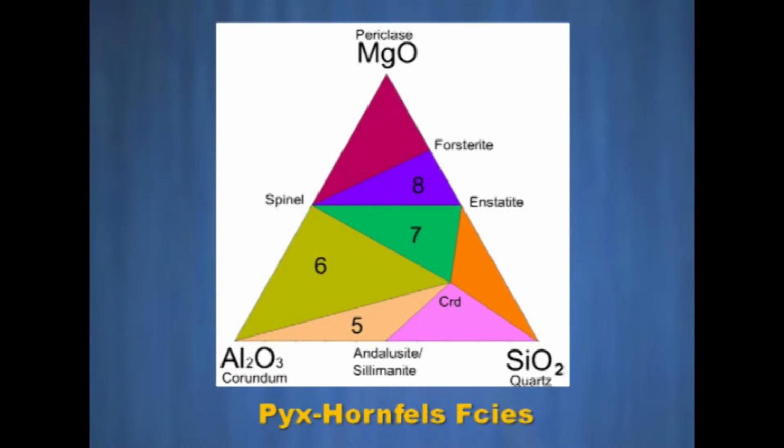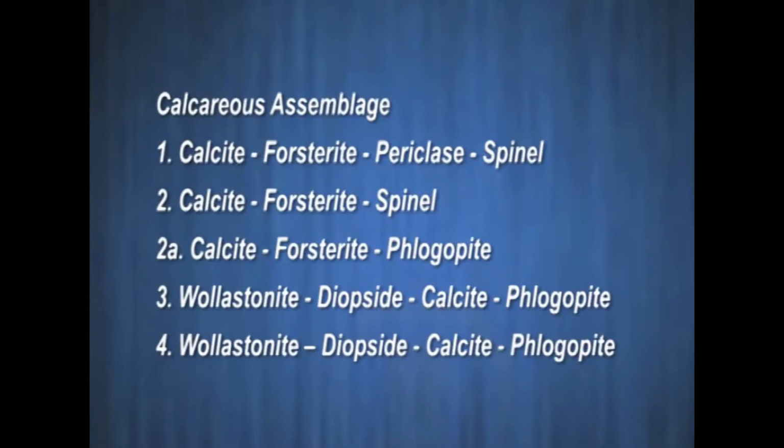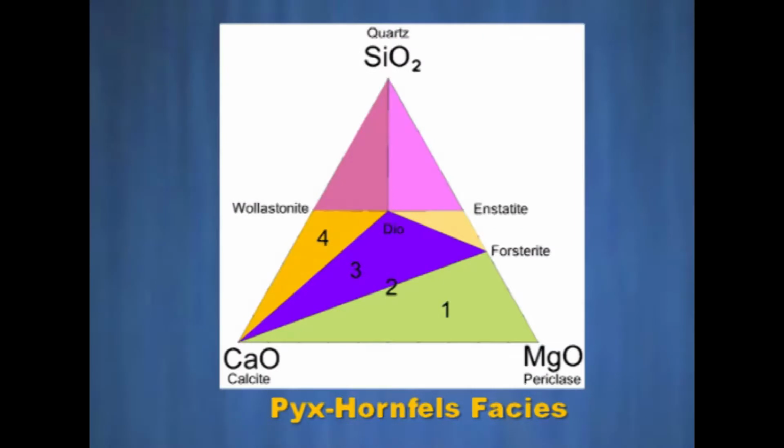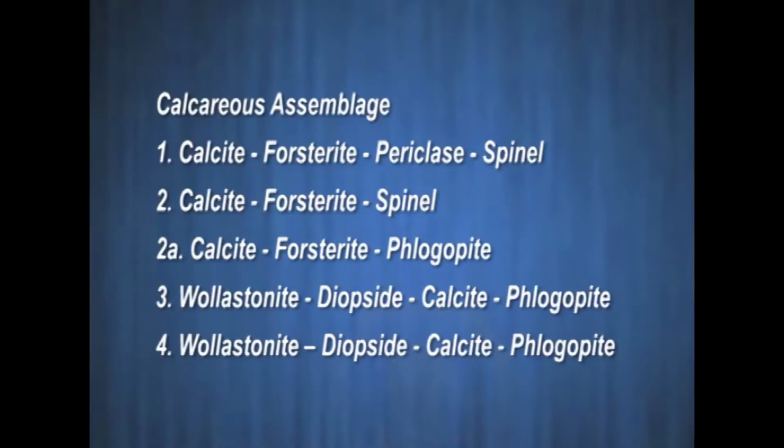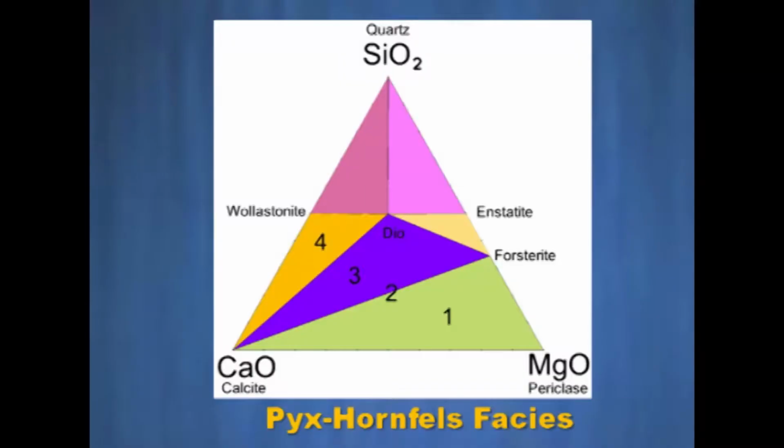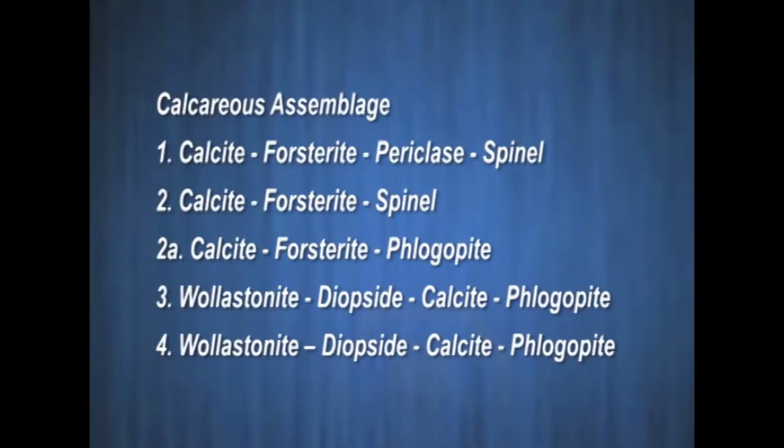We can observe the following calcareous assemblages: calcite-forsterite-periclase and spinel, calcite-forsterite-spinel, calcite-forsterite-phlogopite, wollastonite, diopside, calcite, phlogopite. So, these are important calcareous assemblages.